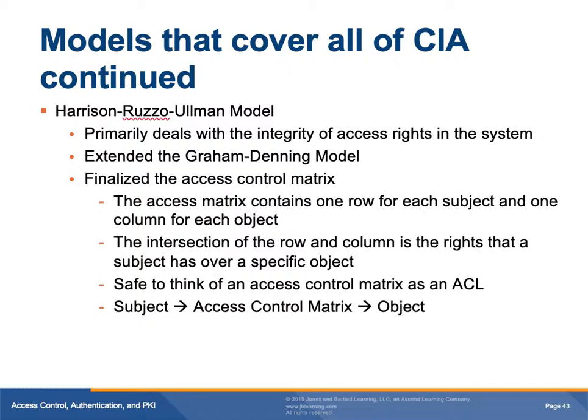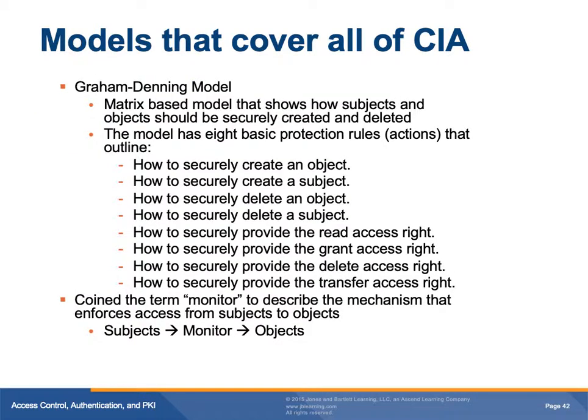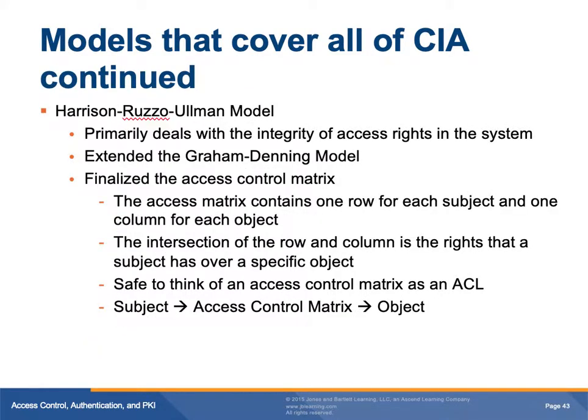Your book has a matrix that you can look at. Subject, access control matrix, and object. That's the key. Down at the bottom, subject, access control matrix, and objects. And if I flip back, it's subjects, monitor, objects. So this is a little more in-depth with the Harrison-Ruzzo-Ullman model.